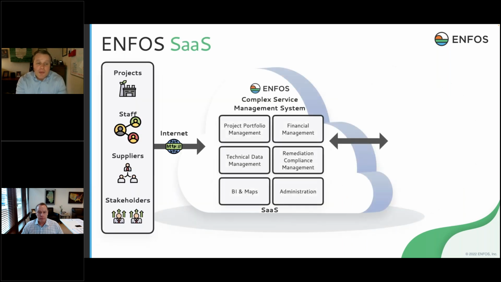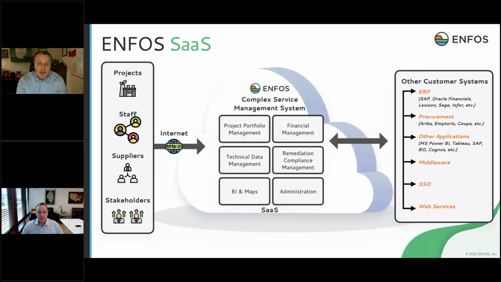We're cloud-based software as a service, meaning all that you need to access ENFOS is an internet connection and a web browser. As I mentioned, ENFOS is designed as an expert system specifically for managing complex services, including environmental liabilities. We provide our customers with data and context by allowing them to combine project management, environmental, and financial data all in one place.